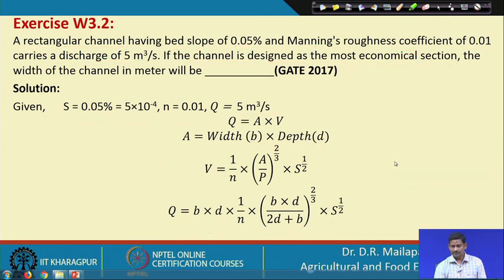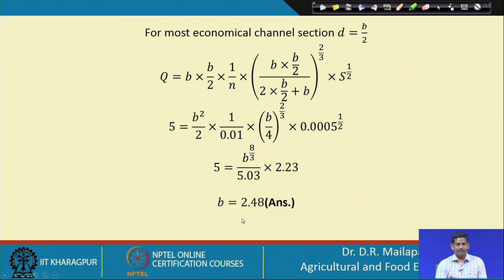Next, for the most economical channel section, D is equal to B by 2. So substitute B by 2 for D. Wherever there is D, just substitute B by 2, and Q is given as 5, then simplify this; the n value is given and the S value is given.